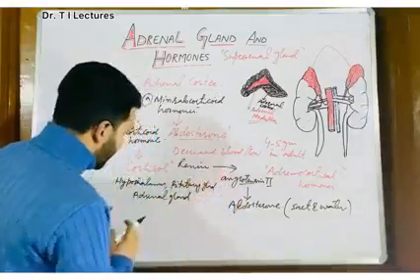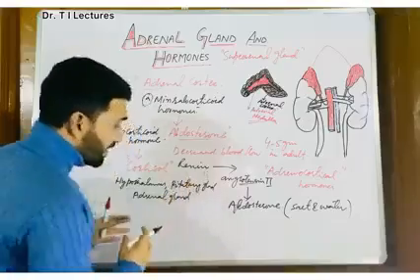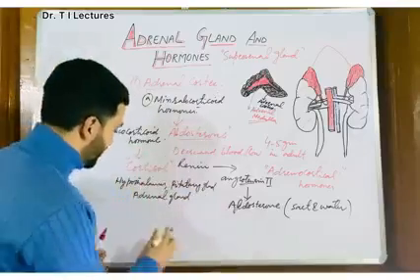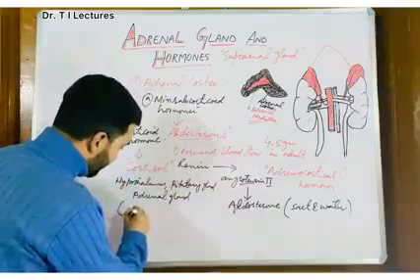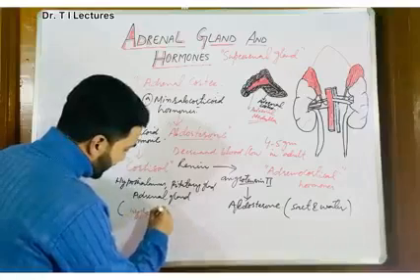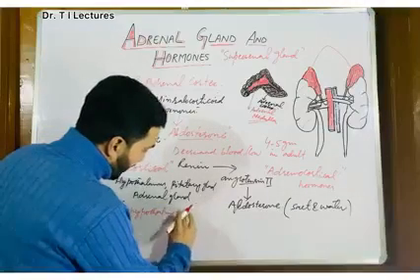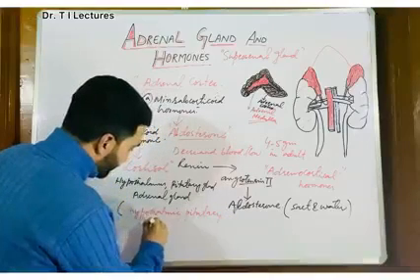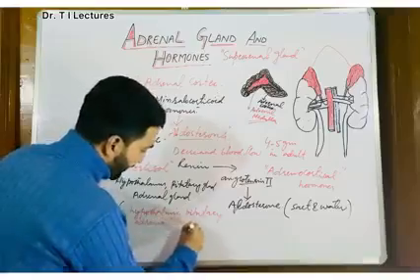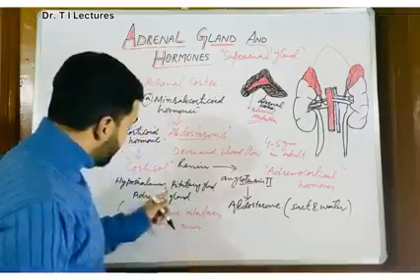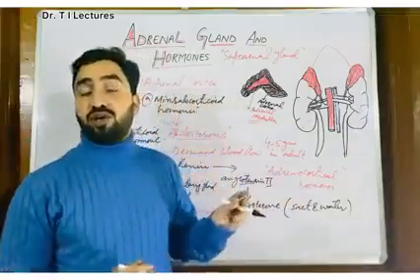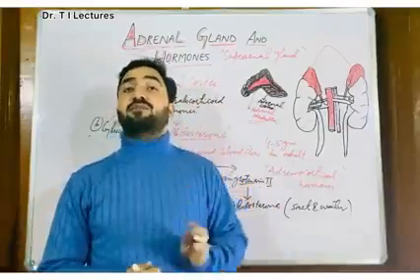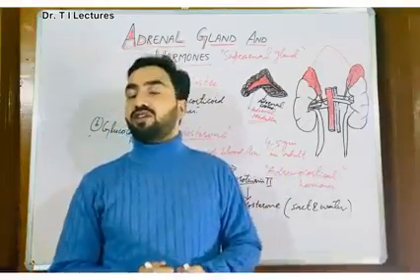These whole intercommunicating regions of the body are called the hypothalamic pituitary adrenal axis. These three important intercommunicating regions of the body, one is hypothalamus, another is pituitary, and the third is adrenal, is called the hypothalamic pituitary adrenal axis system of the body, right?